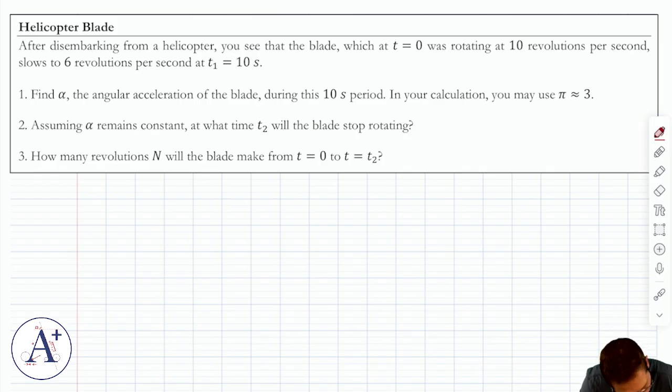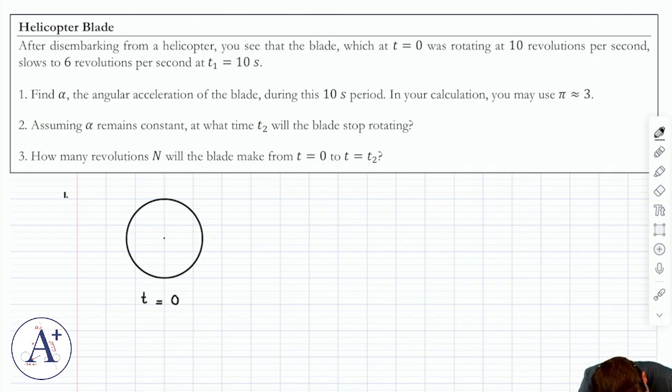Okay, so let's draw this out to summarize all the information that we were given. Here we have t equals 0. When you disembark, the blade is rotating at, I'm going to call it omega 0.